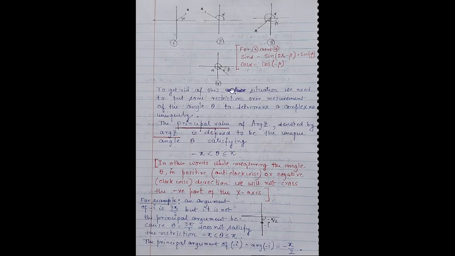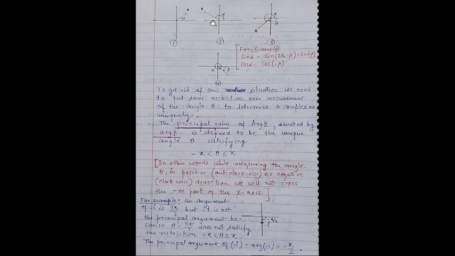So in a nutshell, what does this restriction actually mean? While measuring the angle in the positive or negative direction, we first come to this. In this case, we will measure this because it is less than pi, and we discard this measurement in the negative direction because it is smaller than minus pi.